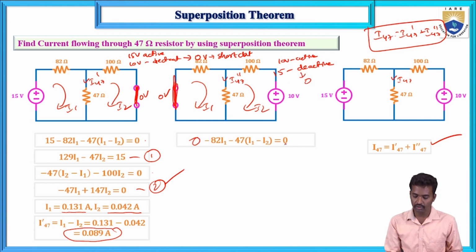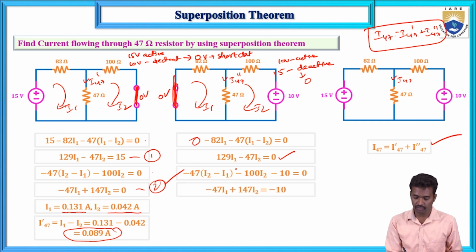Minus 82 I1 minus 47 times I1 minus I2 equals 0. Simplifying, 129 I1 minus 47 I2 equals 0. Then minus 47 times I2 minus I1, and minus 100 I2, minus 10. Simplifying, minus 47 I1 plus 147 I2 equals 10. These are equation number 1 and equation number 2.